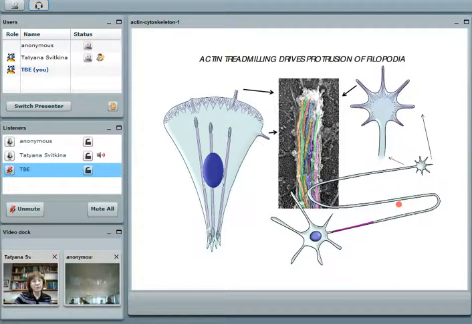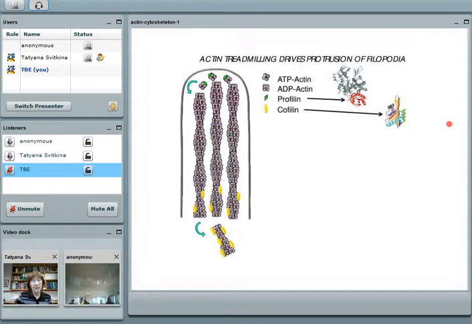This is the process which actually happens in filopodia. Again, this is a substructure, one of the protrusive structures of the leading edge, consisting of long bundled actin filaments. They exist in many cell types, and are particularly abundant in neurons.